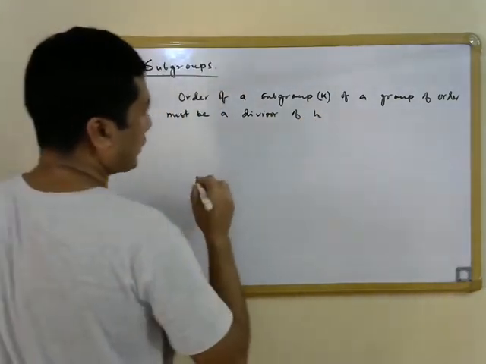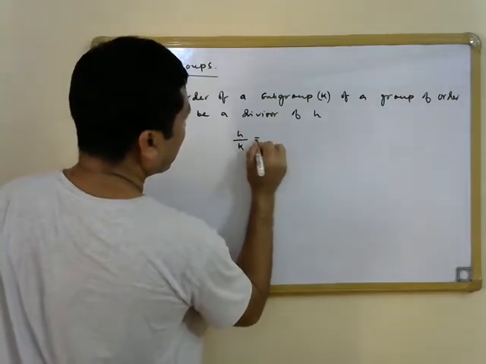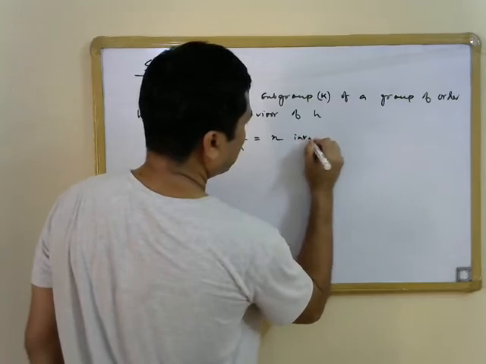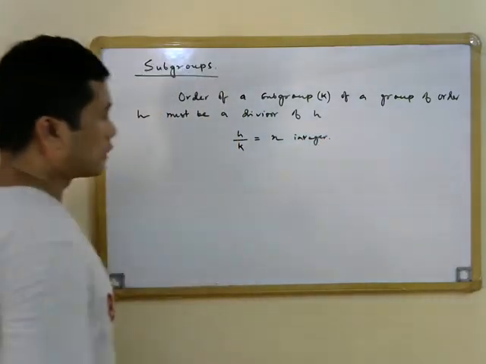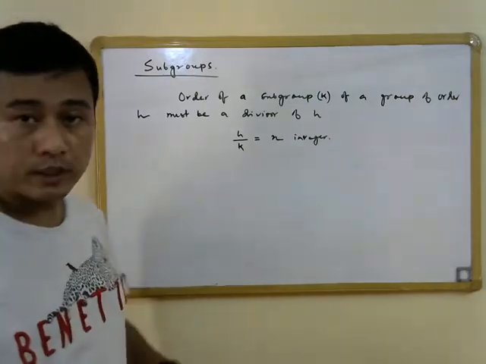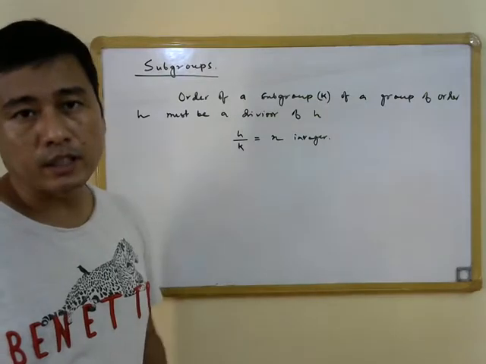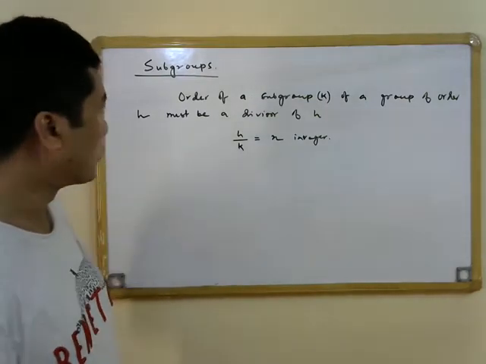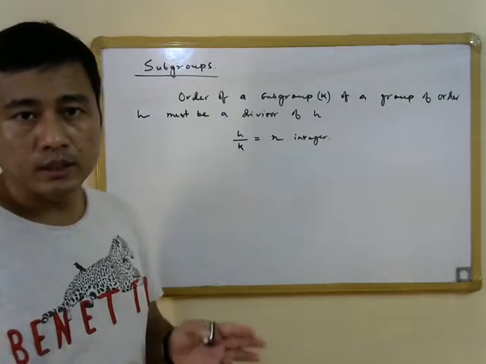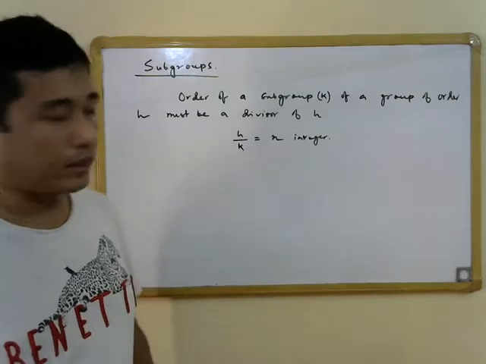That is, in mathematical terms, h by k must be equal to an integer, because only then is this expression going to be fulfilled, that the order of the subgroup is a divisor of the order of the original or the parent mathematical group. So this is very important when we talk about subgroups, which are smaller sets of elements which again follow all the rules of the mathematical group.